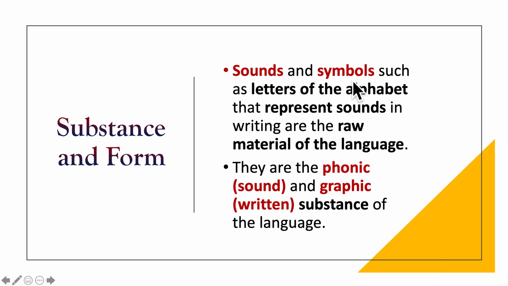And symbols, we have 26 symbols, like alphabets from A to Z. Raw means uncooked, not cooked. Out of those sounds and symbols, you can make any word you like.